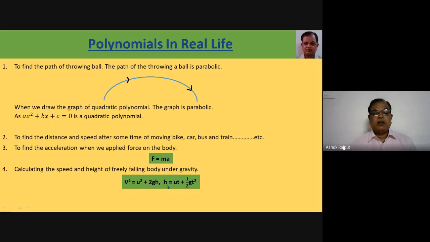The same here, h is height, u is initial velocity, g is gravity and t is time taken. So in this way polynomials are very useful in our real life in many ways. These are simple uses. It also helps in production and in other ways too.